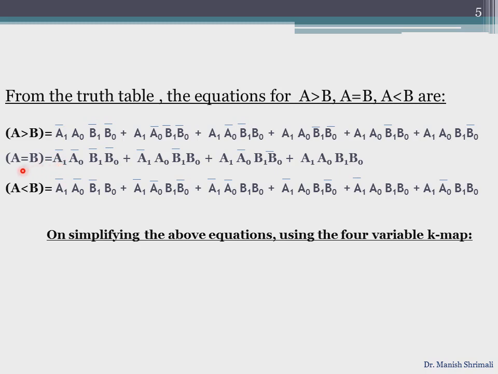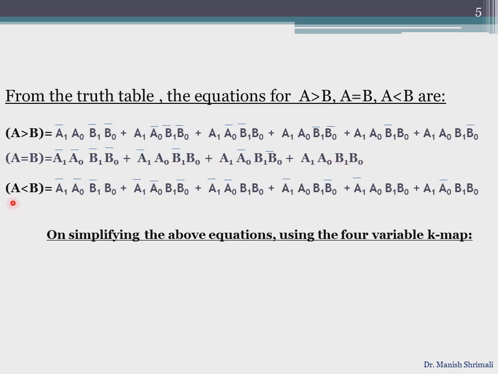Okay, so for A is equal to B, the equation is A1 bar A0 bar B1 bar B0 bar plus A1 bar A0 B1 bar B0 plus A1 A0 bar B1 B0 bar plus A1 A0 B1 B0.